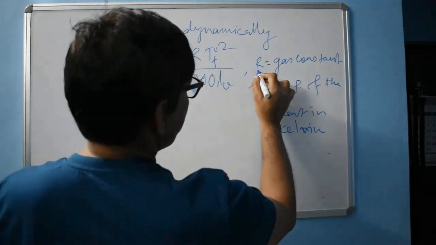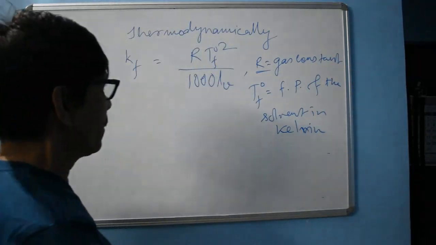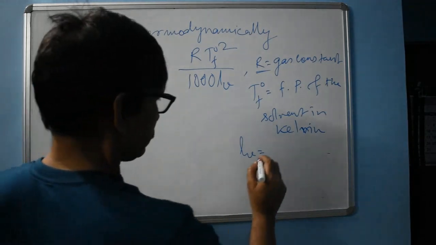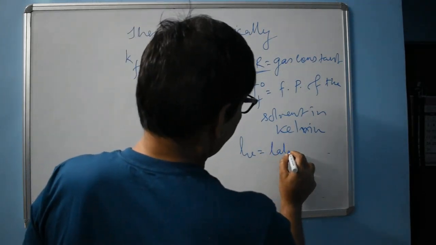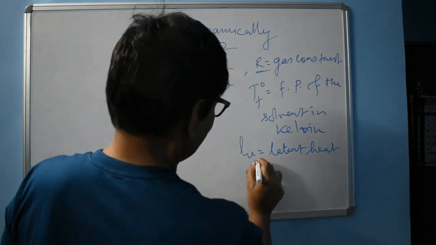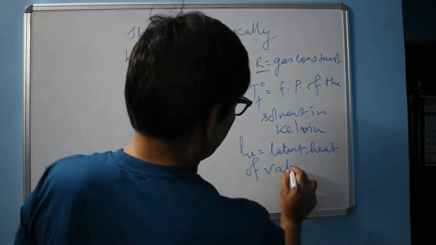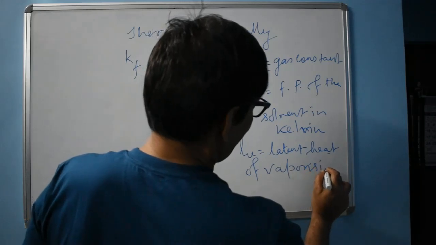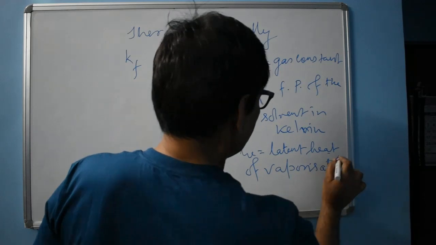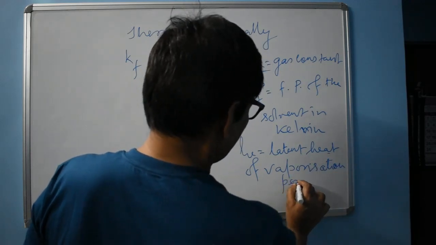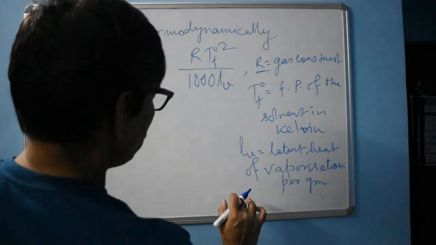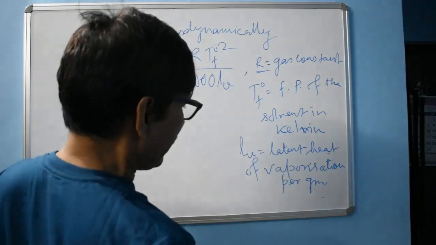Otherwise also, whenever you take the value of R, the temperature is in Kelvin, and Lv is latent heat of vaporization, per gram. If you take per mole, then simply multiply by molecular mass.